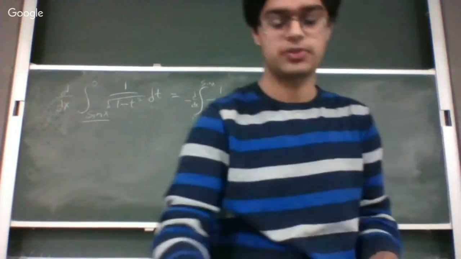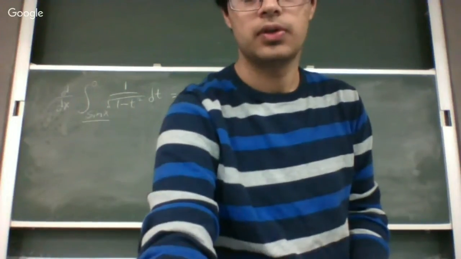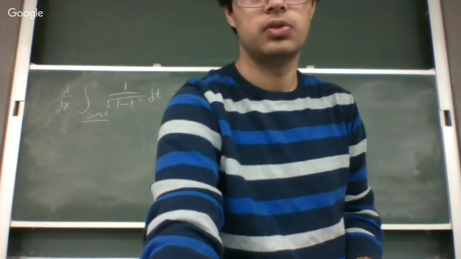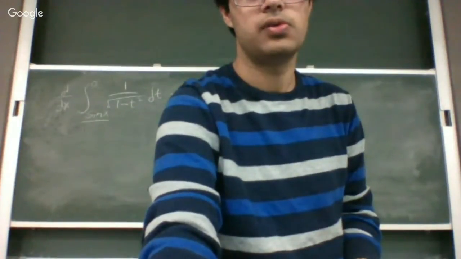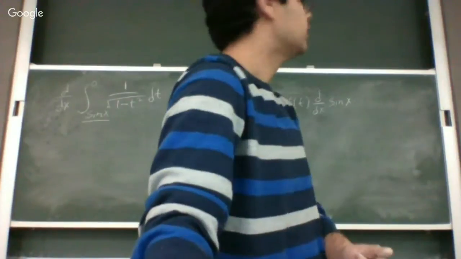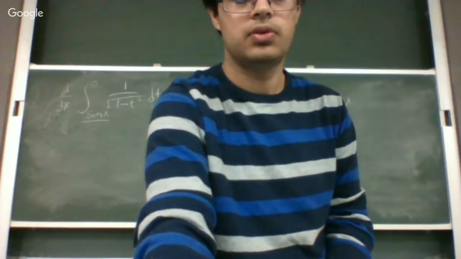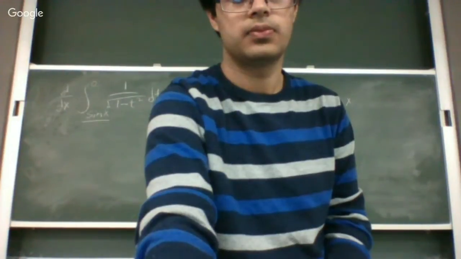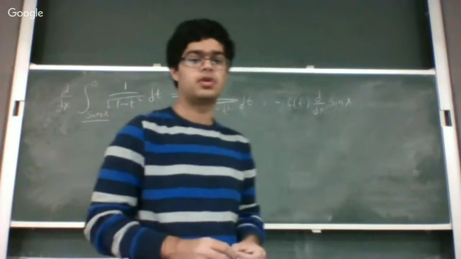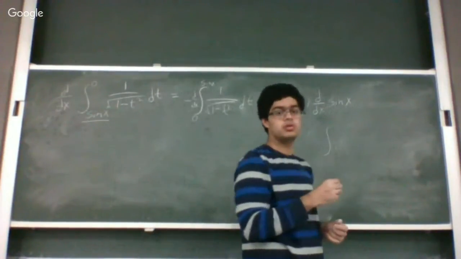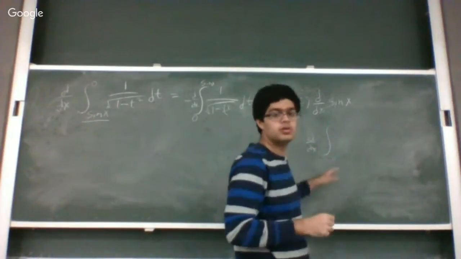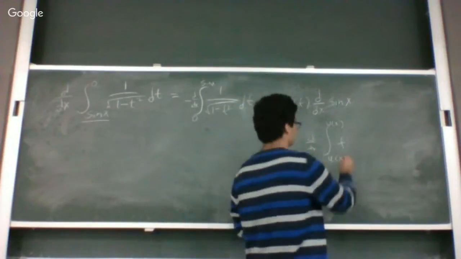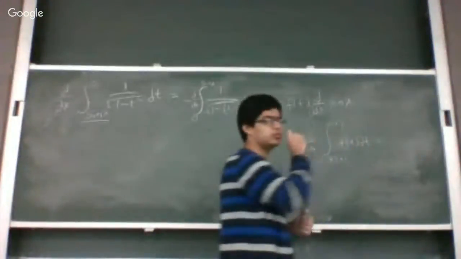It was called Leibniz's rule, where you have the derivative of the integral from u of x to v of x of f of t dt.